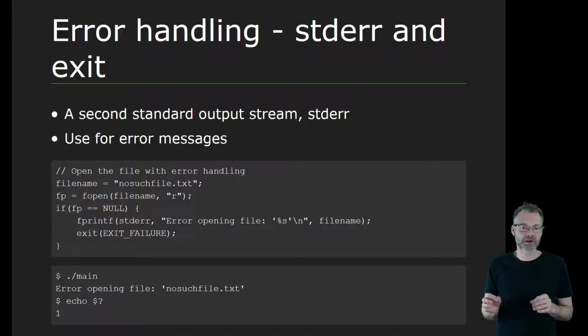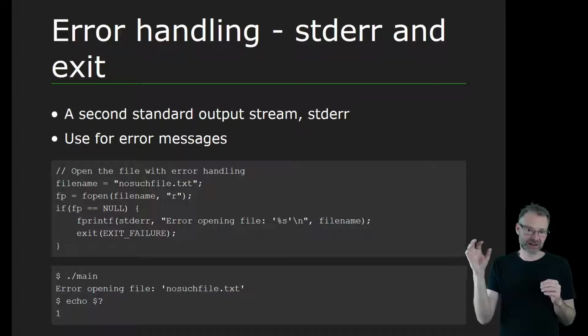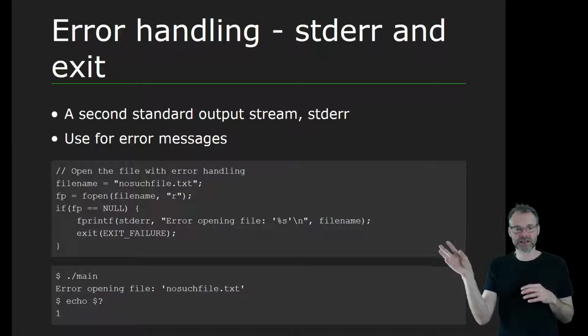A bit more about error handling then. We have talked about the standard error stream, where we should put error messages, and this is more or less the same example that we had before, where I printed the error using perror. So here I'm doing it a bit differently. I'm opening a file that does not exist, so my file pointer will be null.